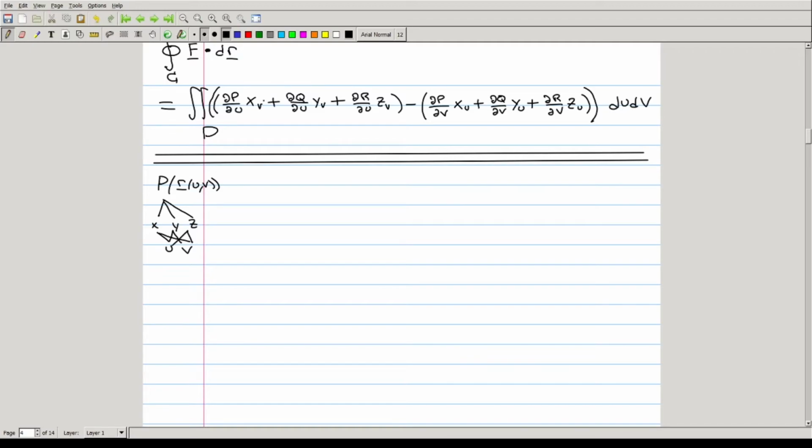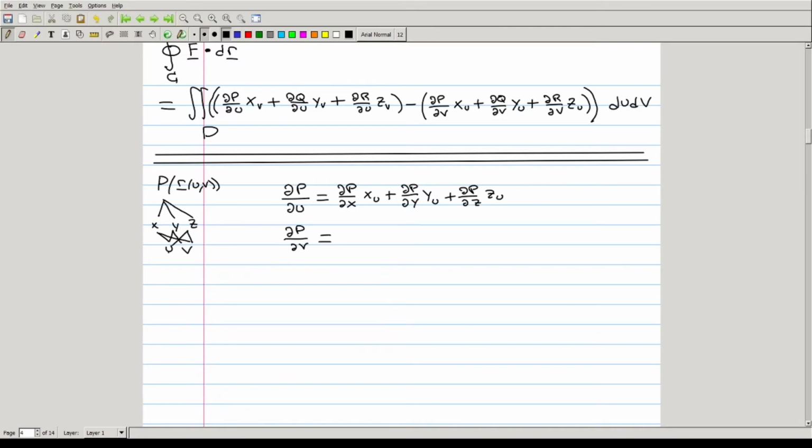So the idea here is that each one of these derivatives in this expression, for instance dp du, is really equal to, in terms of x, y, and z, dp dx times xu plus dp dy times yu plus dp dz times zu. And the same thing with dp dv. You're going to take the derivative of p with respect to v.